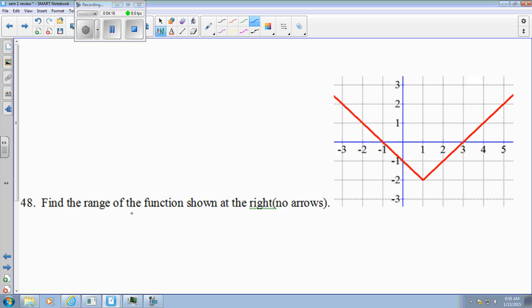Find the range. Remember, the range is the y values for this. My range starts at negative 2, and since there are no arrows, it appears as if it goes to about 2.5.